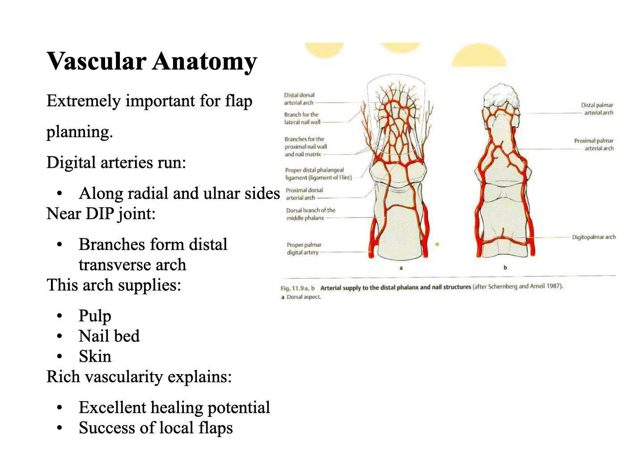These bundles form arcades. The bulb of the finger is supplied mainly by the volar arteries, the arcade or arch formed by the volar arteries. It supplies the bulb, the nail bed, and the skin. It's very rich in vascularity.